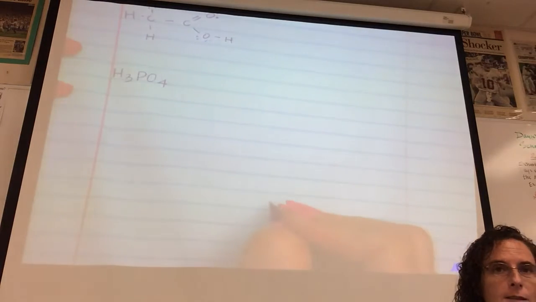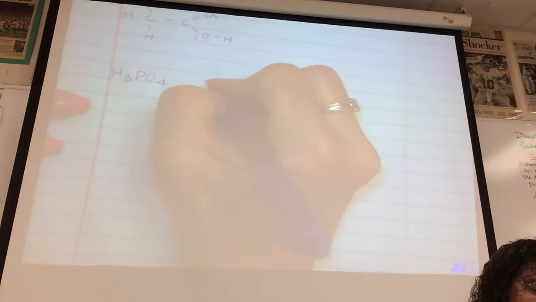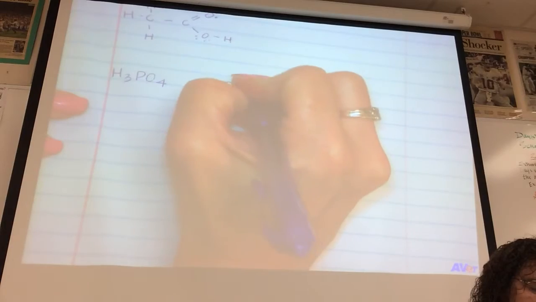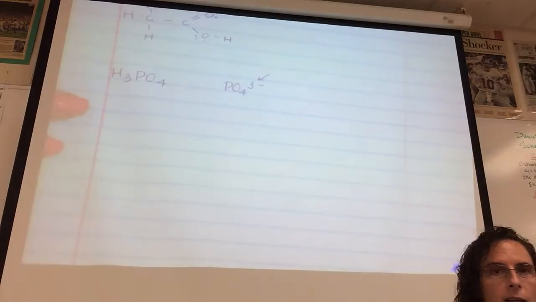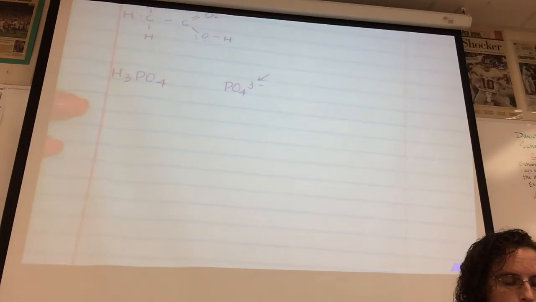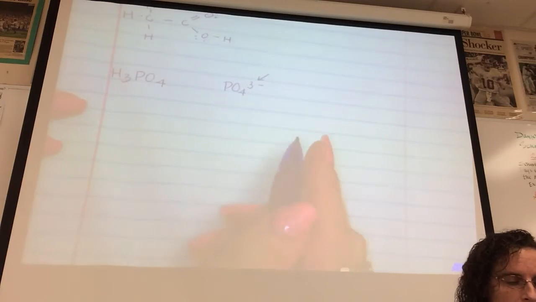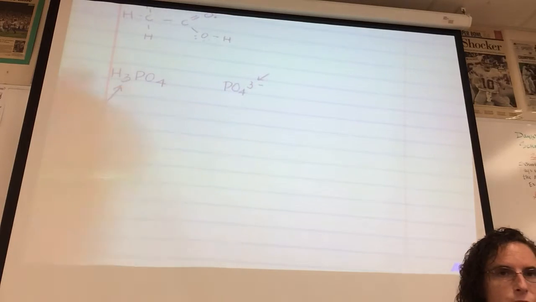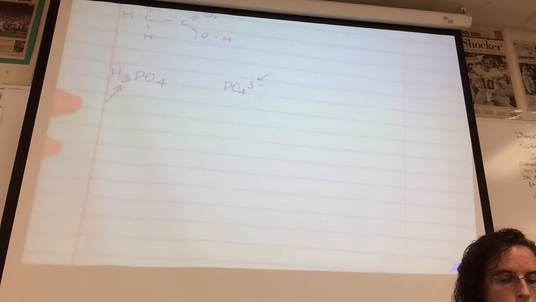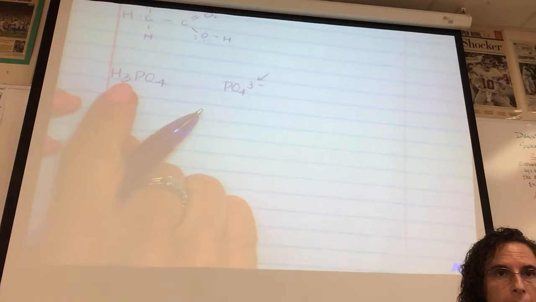So for example, H3PO4 is phosphoric acid. PO4 3- is phosphate ion. The charge on phosphate ion is 3-. Generally speaking, with 2 exceptions I can think of, the most H's you can have hooking up with that ion corresponds with the charge, 3.